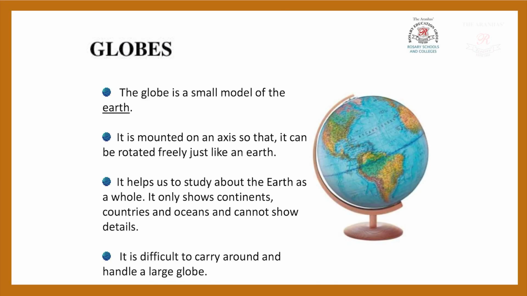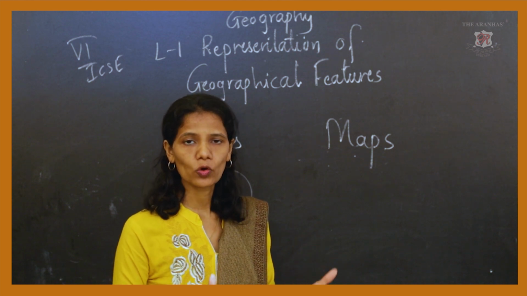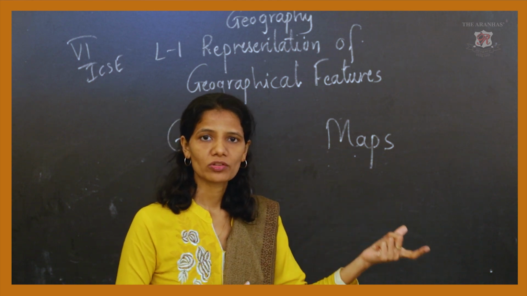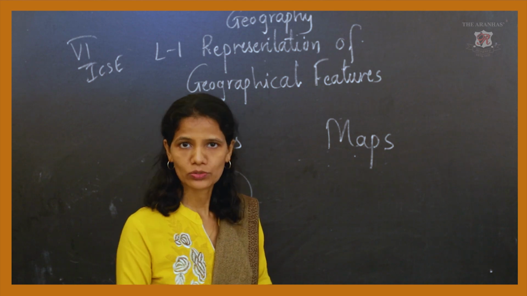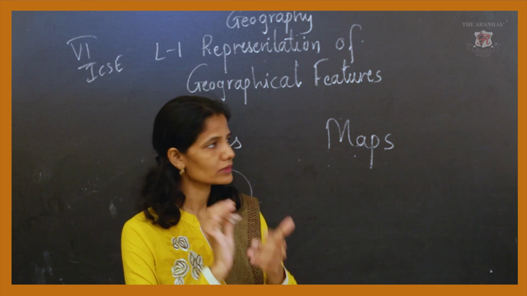Now here, first we will go to the globes. The globe is a small model of the earth. You must have seen the model of the earth or globe in different places, in school or elsewhere.